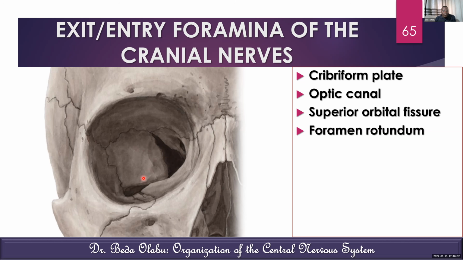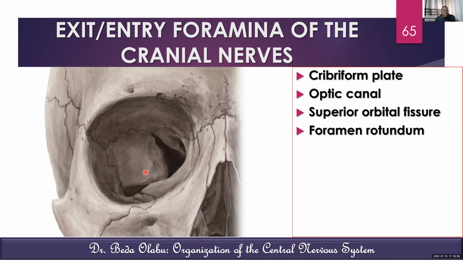It goes somewhere in the floor of the orbit. So it comes out through this particular region, which we call the inferior orbital fissure. So we see foramen rotundum from the inside of the cranium, but from the orbit, we see the inferior orbital fissure. So the nerve passes through the whole axis.